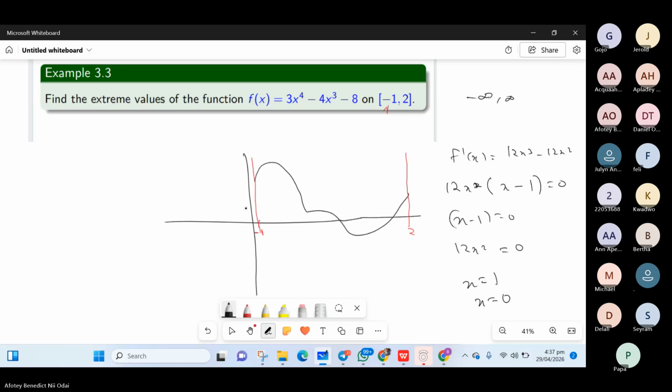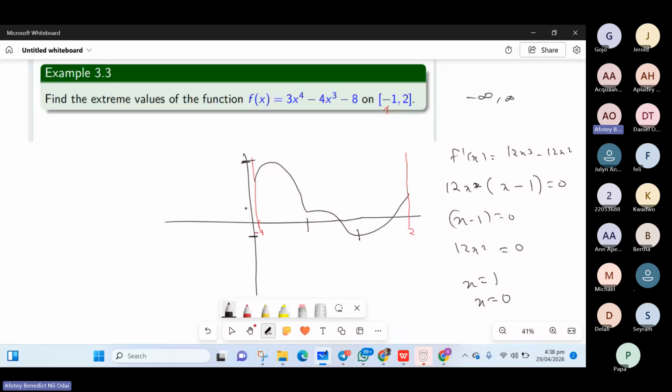Now, for the extreme values, we are taking the points with respect to x. Sorry, with respect to y. So the extreme values are the values with respect to the y-axis. Therefore, once you have your critical points, the points where the graph is changing on the x-axis, all you have to do is find the corresponding value on the y-axis. Let me come again.